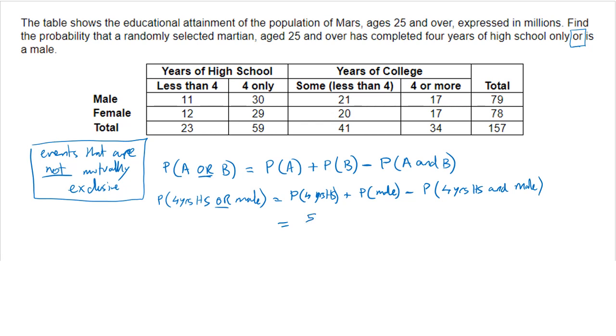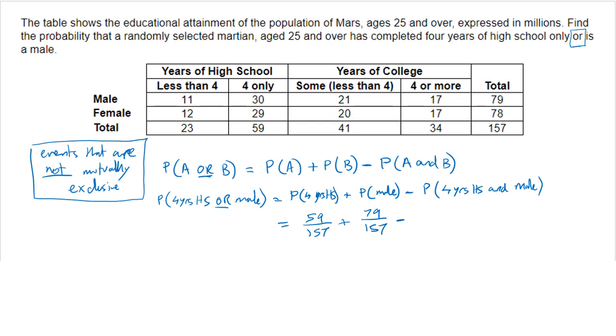So that would be 59 over 157 plus the probability that the person selected is male. So we look at this row right here. We have 79 total males out of the total population, again, which is 157. So plus 79 over 157.